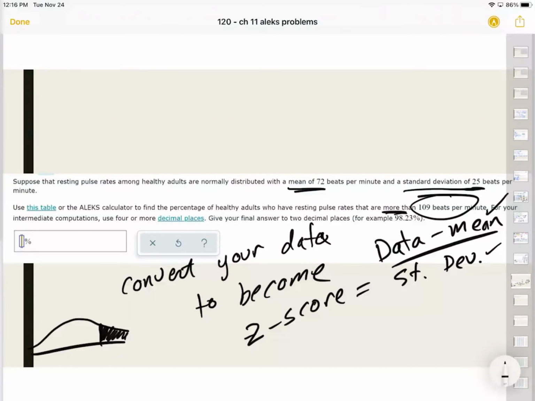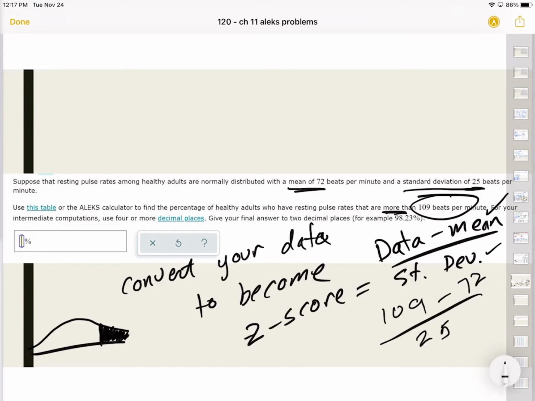And if we find anything to the right, remember, we need to find the area and then take 1 minus that area. But before we can find that area, you need to convert to the z-score, which in this case is my data, 109, minus the mean, 72, divided by the standard deviation, 25. You find this z-score, find the area in your chart, and then take 1 minus that.